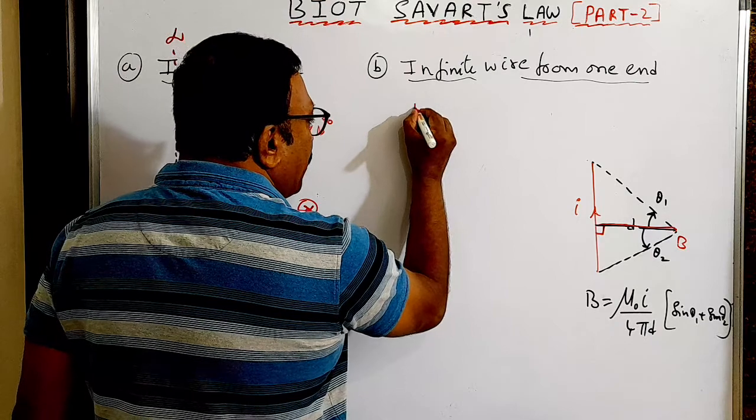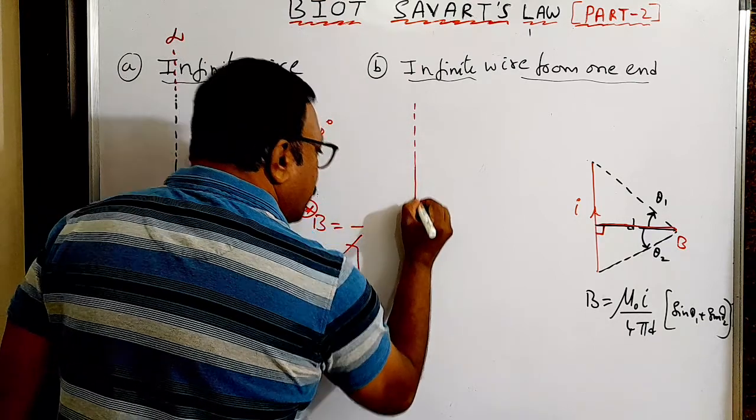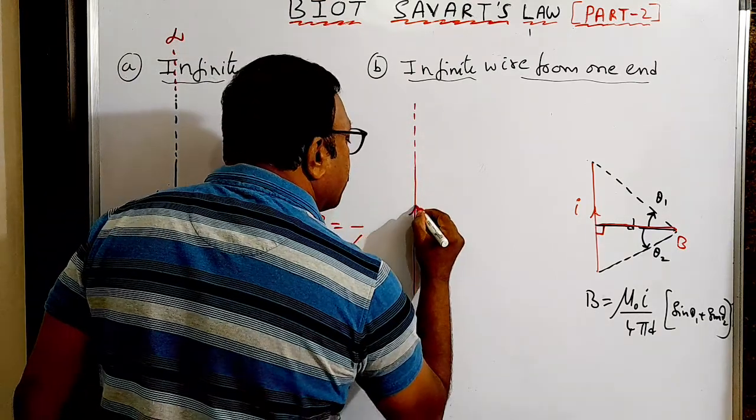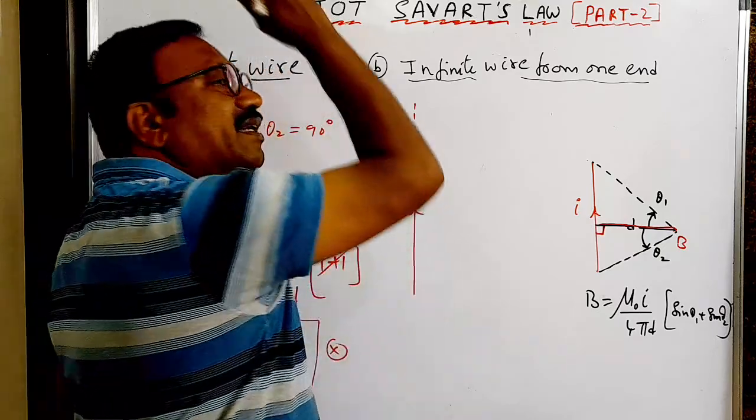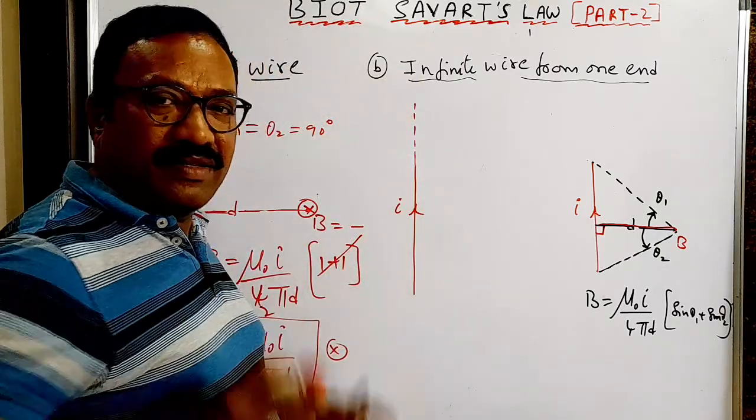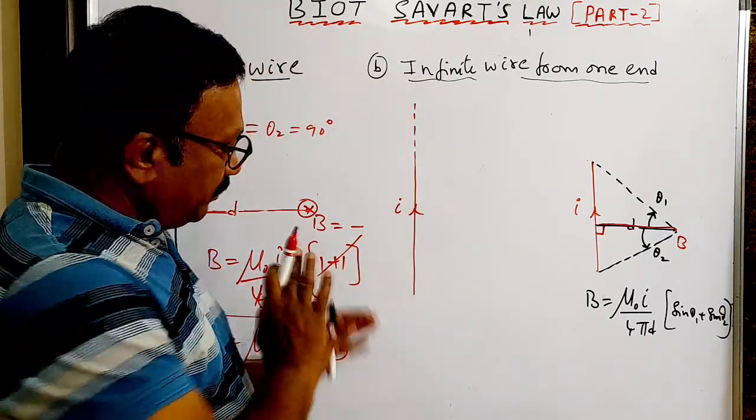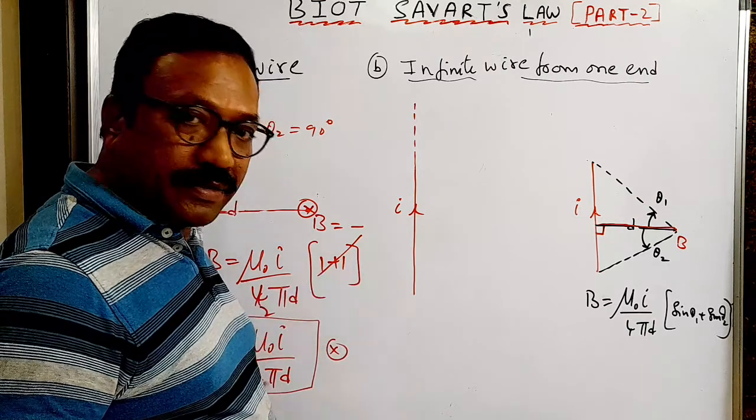So I will take an infinite wire like this, but it is infinite at one end only. The other end is not extended to infinity; it will have some ending point here.